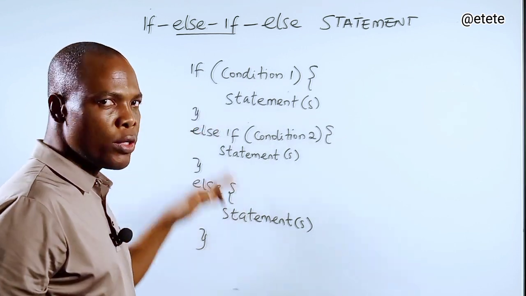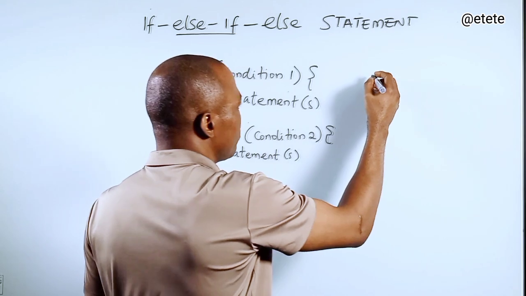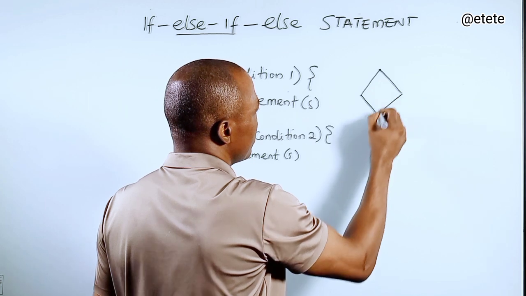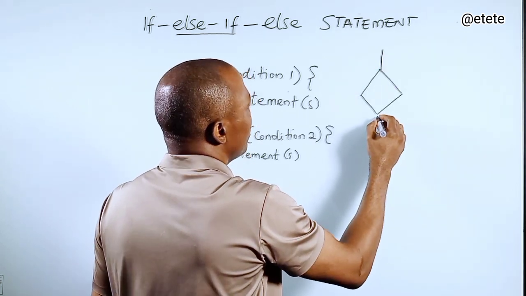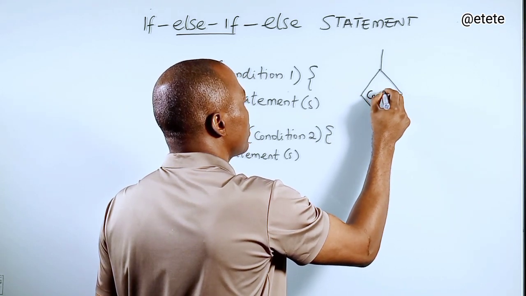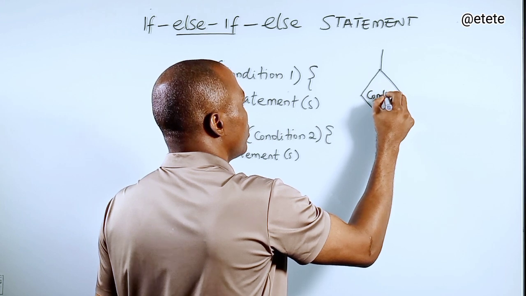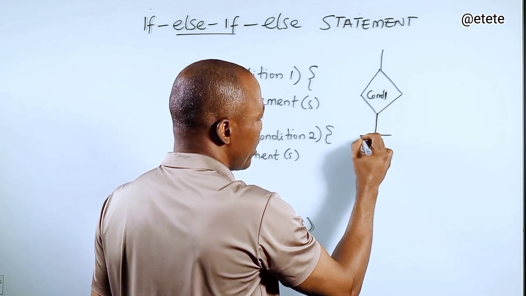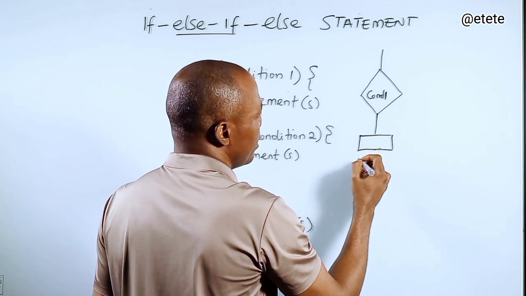Now, what is the flow chart for this? You have something like this, right? Then, this is condition one. Now, if this condition is true, then you come here and you do this, right?